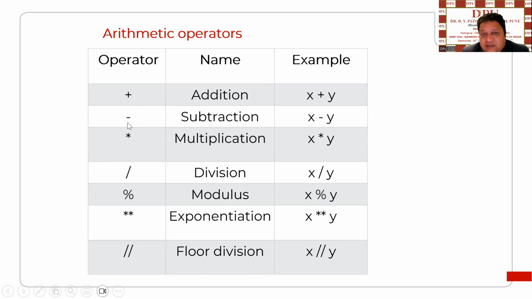For subtraction, the minus; multiplication, asterisk; division is a forward slash; modulus is a percent sign; exponentiation is a double asterisk; and floor division is a double forward slash. As you can see in the example here, if I say x plus y, x is a variable and y is a variable. You can put either numbers directly, or variables which contain the numbers.